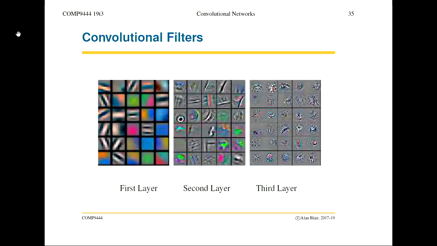Those little green filters I was showing you, each of these is one filter, and it's 11 by 11. So each of these small images is 11 by 11, and the size of the weights is shown by the colors.